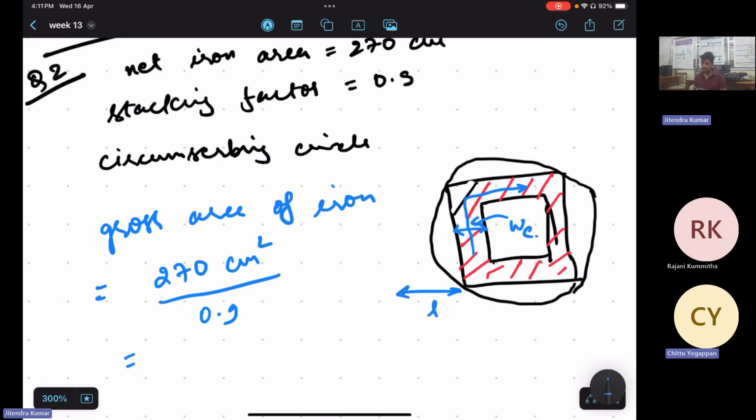Sir, actually, the formula is net area by gross area will be the stacking factor, no, sir. Exactly, yes, you're correct. Net area by gross area. So whichever quantity is lower will be in the numerator, right? So gross area will always be higher than the net area. Why? Because of the inclusiveness of insulation.